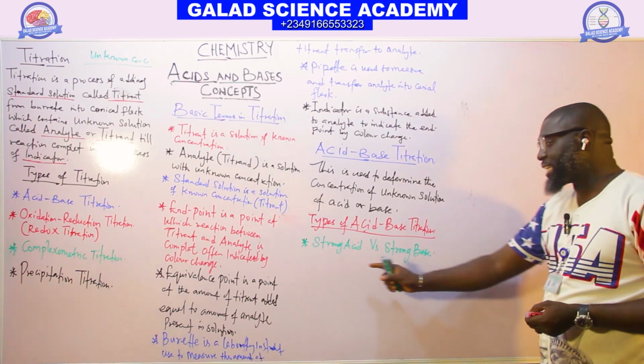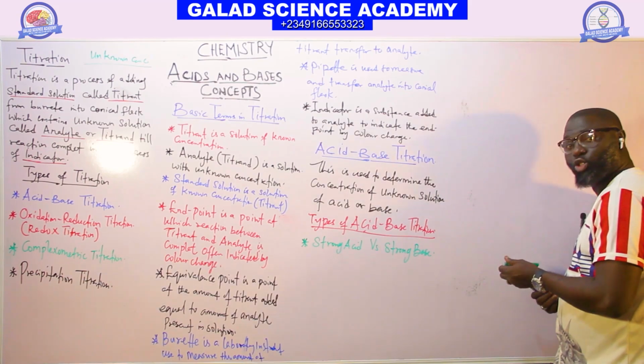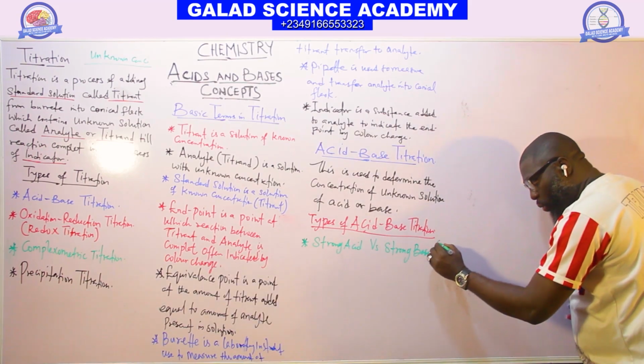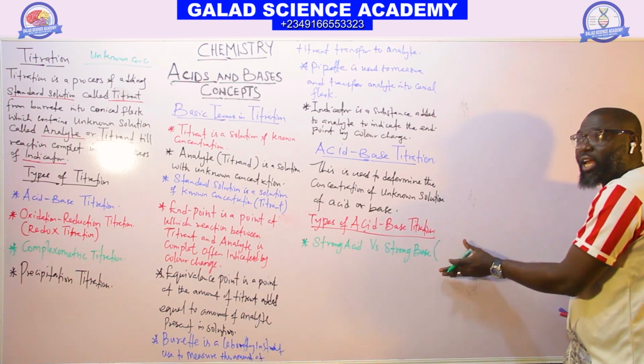But if you are titrating strong acid versus strong base, what kind of indicator is used?